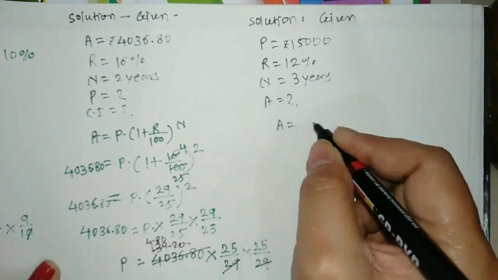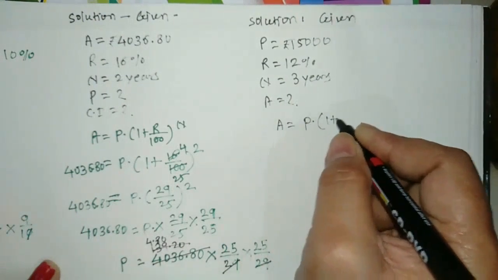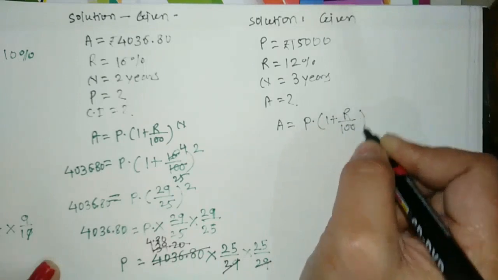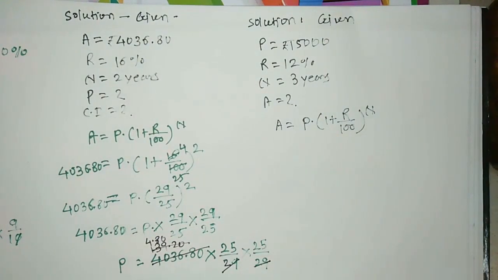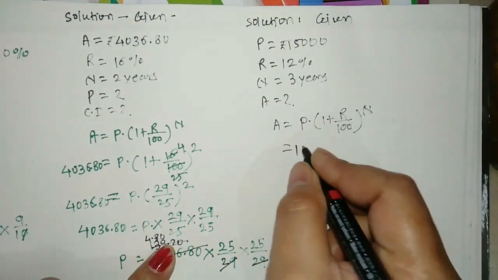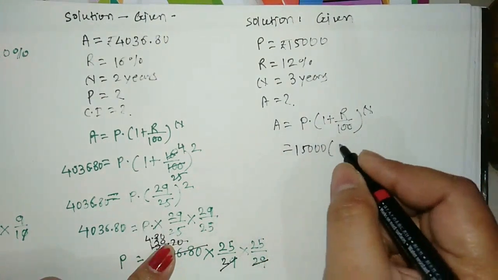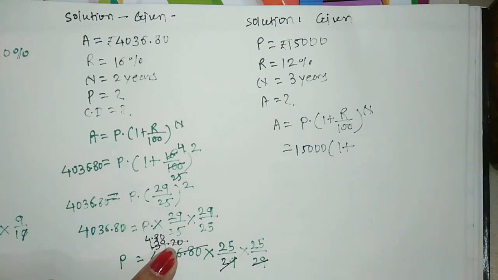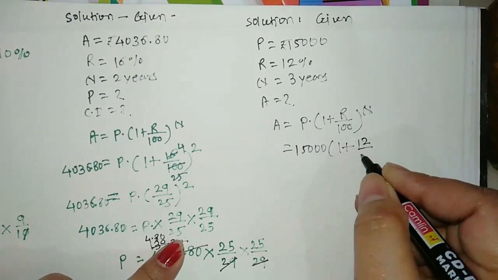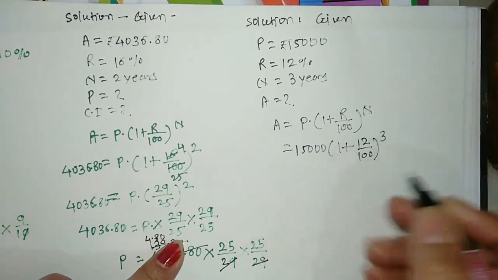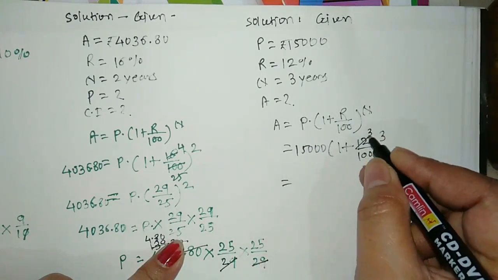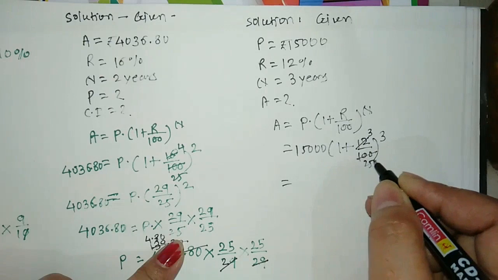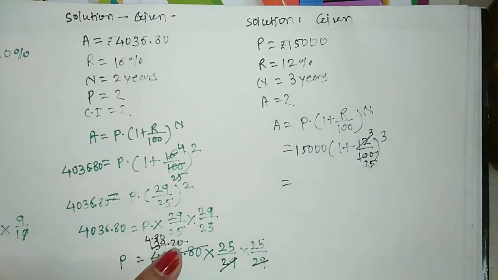So write down the formula. A is equal to P into 1 plus R upon 100 raised to N. So put up the values. 15,000 into 1 plus R is 12 upon 100 raised to 3. So take the reduction here. 4 3s are 12, 4 25s are 100.